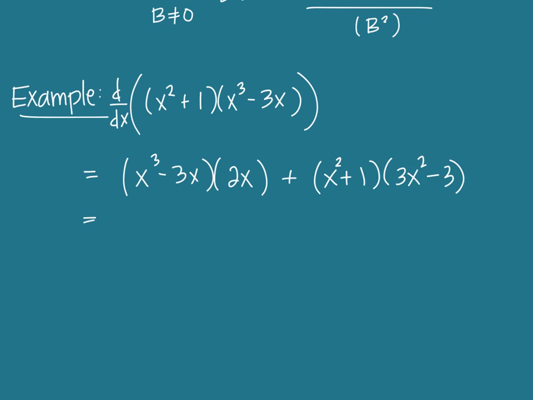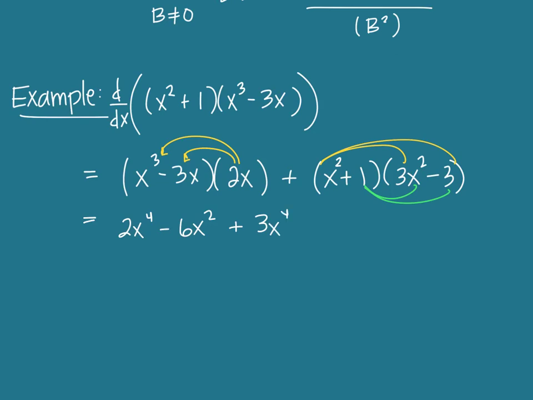You simplify and combine like terms. So by distributing, I have 2x to the 4th minus 6x squared. And then with the last term, I'm going to FOIL. And so I'll end up with 3x to the 4th minus 3x squared plus 3x squared minus 3.